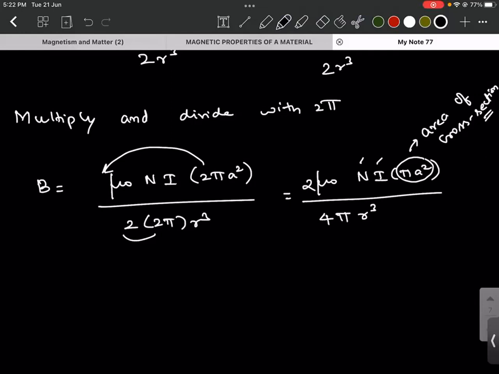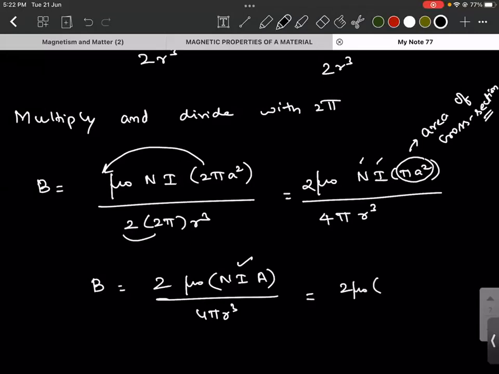So when it is considered to be the area of cross section, then B can be written as 2 times mu naught into n into I into A, the whole divided by 4 pi r cube. What is this n into I into A, guys? So this will be 2 into mu naught into, what is the value of number of turns multiplied to the current and area? It is going to be capital M divided by 4 pi r cube.